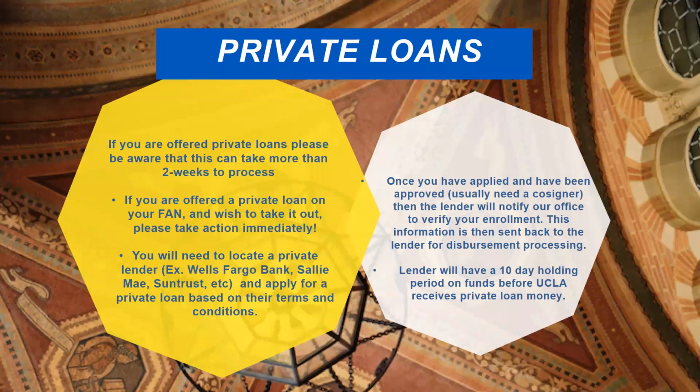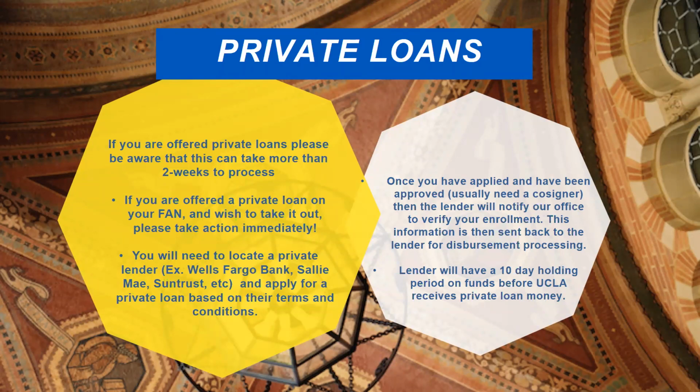Now, once you've applied and you've been approved, then the lender will notify our office that they need us to verify your enrollment and verify the information on it. You should also let us know, because sometimes some lenders just get in touch with us and we don't know if you really want the loan or not. So you should also contact us and let us know, hey, I've applied for a private loan from Discover, and it's going to be for $2,000, to cover my summer travel program.